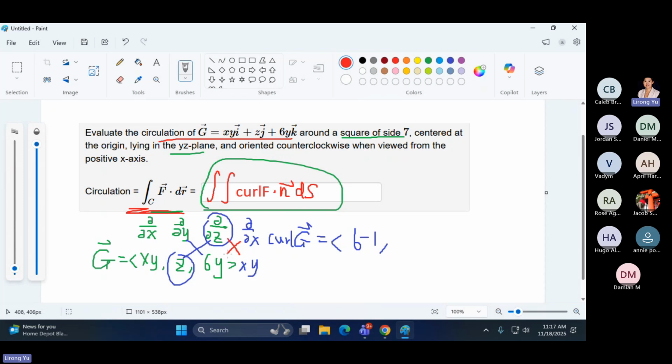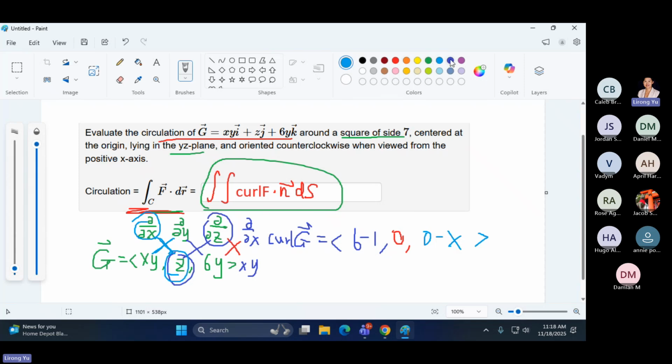There's no z here, and there's no x in here, so it's actually 0. The last component is the cross combine and subtract here. This one combined with that one gives us 0. This function has no x, so the partial derivative with respect to x equals 0. That's negative x. The first component is the multiplication of x times y. Differentiating with respect to y gives us 1, so it's 1 times x. That's the curl of the function.